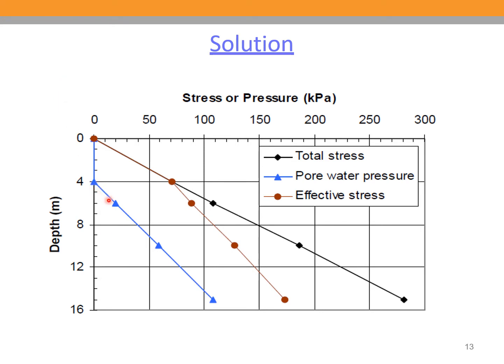So this one is the pore water pressure, this one the effective stress, and this is the total stress diagram. So, stress versus depth plots.